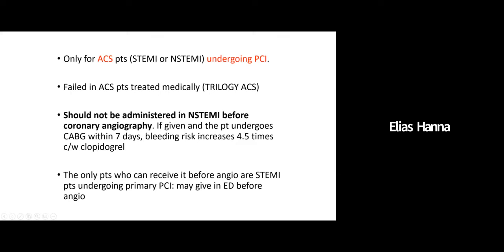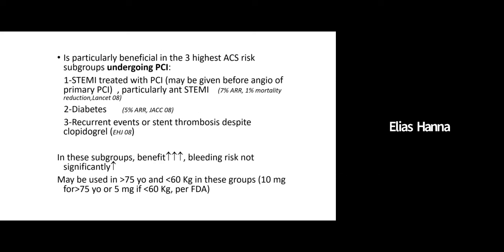So this one is 4 times higher on top of Plavix. So keep that in mind. You have to make sure he's not going to undergo CABG before giving that. The only exception is a STEMI. You can give it before cath if you're certain the patient has a STEMI, just because there's a very low chance of those going to CABG, less than 1%.